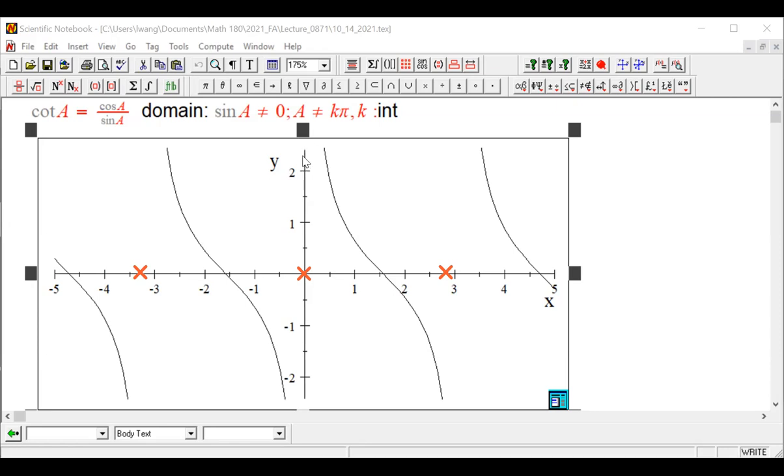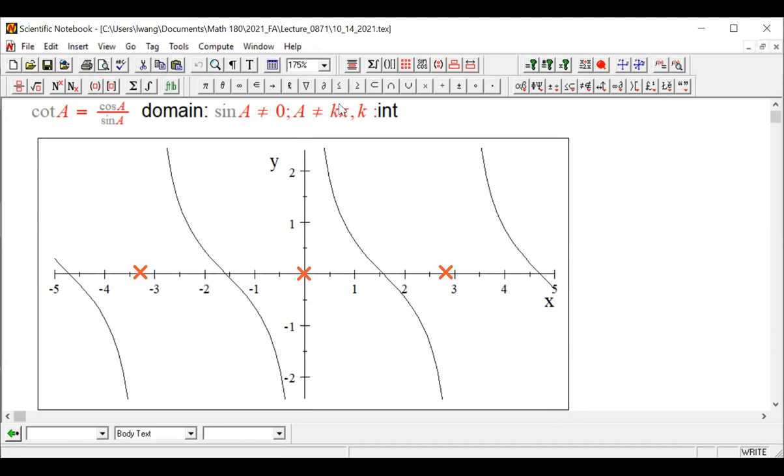As a result, we're going to have a bunch of vertical asymptotes. So let's practice this. I'm going to draw the vertical asymptotes and you're going to do some markings with me. At the same time, we get to review some of those algebraic basics.